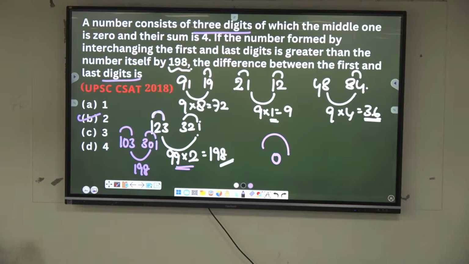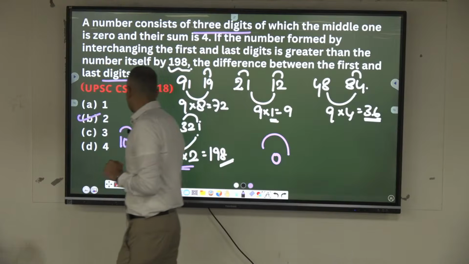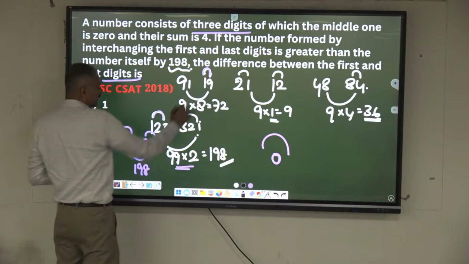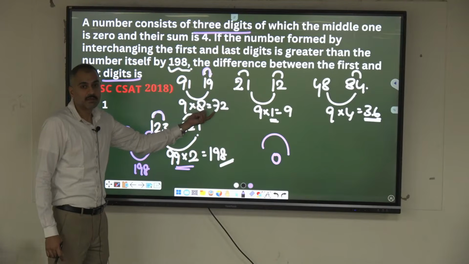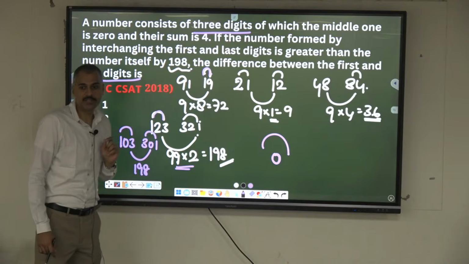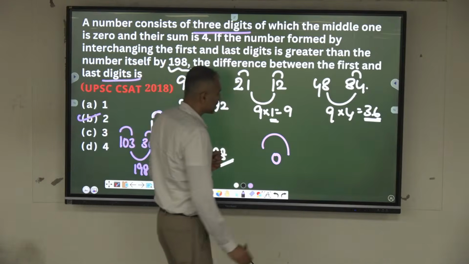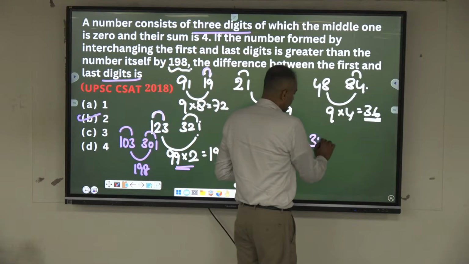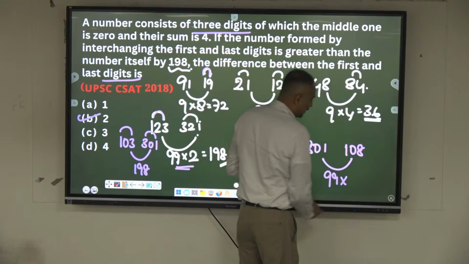Remember this one: 2-digit interchanging, 3-digit interchanging. For 2 digits interchanged, the difference is nothing but 9 times the difference between the digits. Similarly in the case of this also. If you take, say, 801 and 108, this has to get divided by 99. How many times?